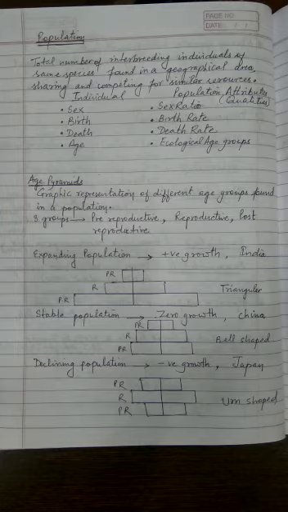We also learned in the last class that there are certain attributes which are present in the population but are absent in the case of the individual. A population has a sex ratio, but an individual may be either a male or a female. In the same manner, a population has a birth rate.